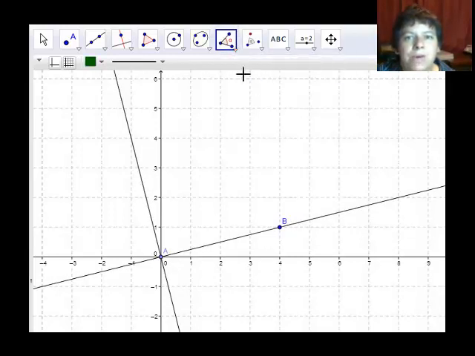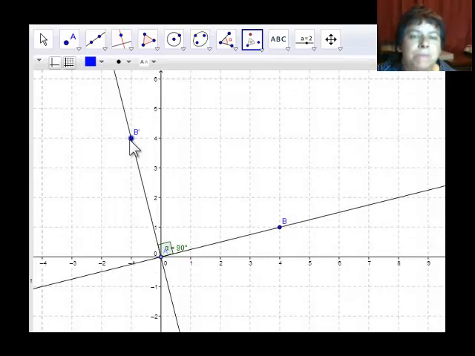If I mark the angle here, you can see there's the 90-degree angle. Now, let's say I took this point, B, and looked at how it rotated about A by 90 degrees. Where does it go? It goes here to B prime. Initially, the coordinates for this are 4, 1.